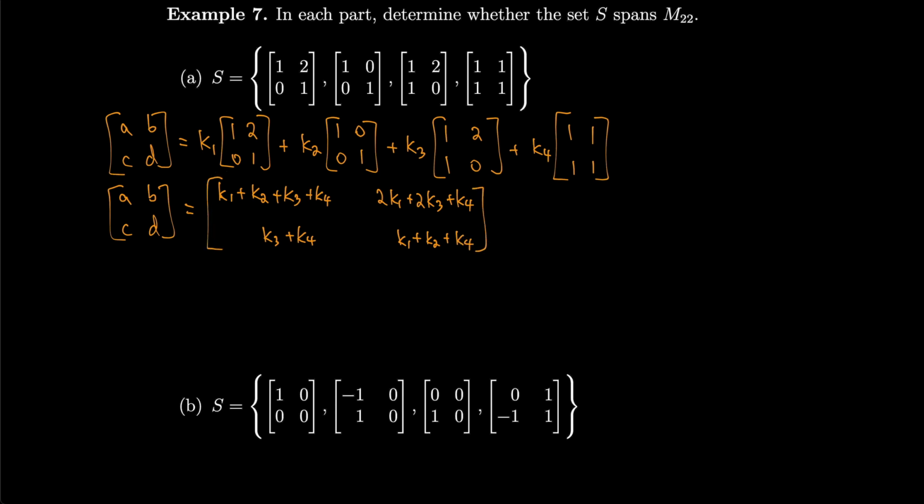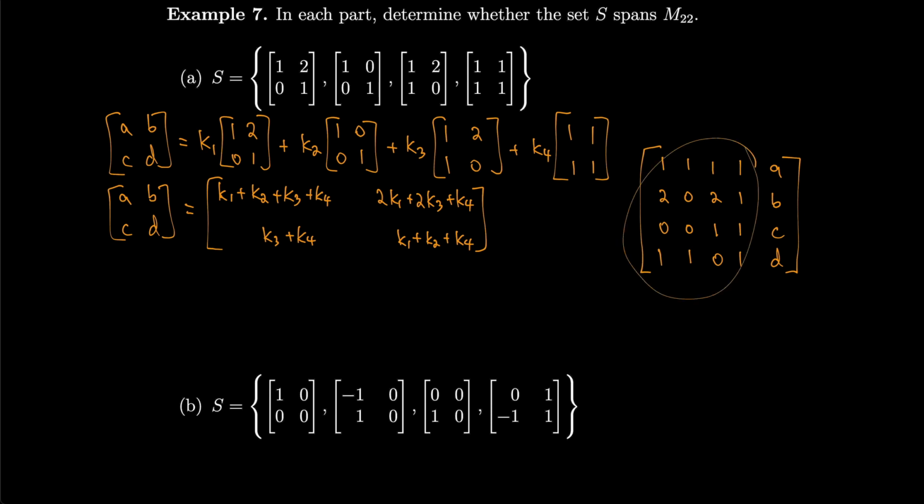So that should give me the augmented matrix 1, 1, 1, 1, A for my first entry, and then 2, 0, 2, 1, B, 0, 0, 1, 1, C, because there's 1K3, 1K4, and then 1, 1, 0, 1, D. Okay, so let's get the determinant of this.